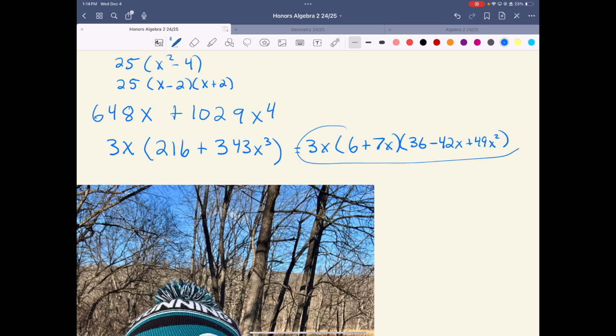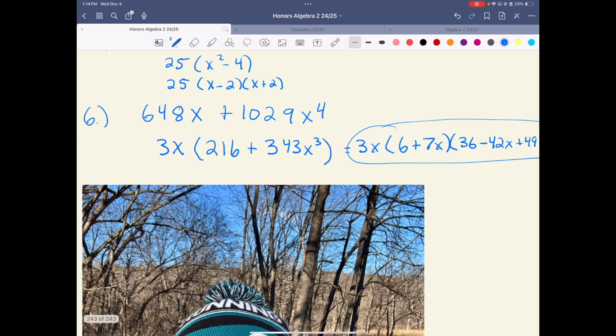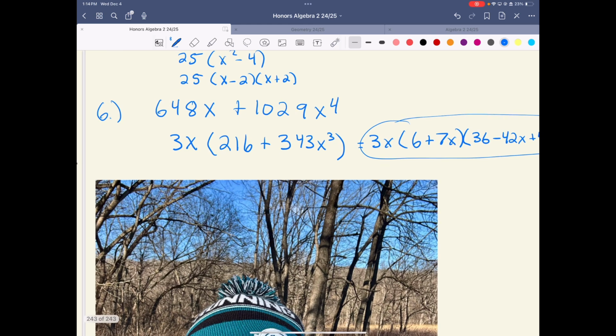That's our solution to this. And we can flip it around, and you could have put 3x times 7x minus 6, 49x squared minus 42x plus 36. It's the same thing, but you don't have to. Questions with that one?